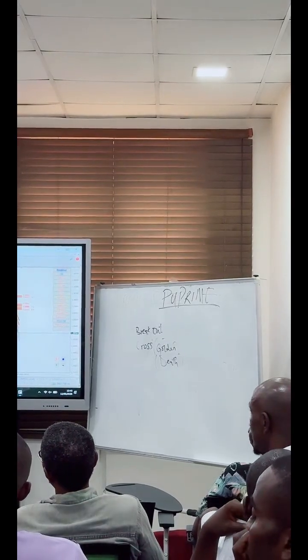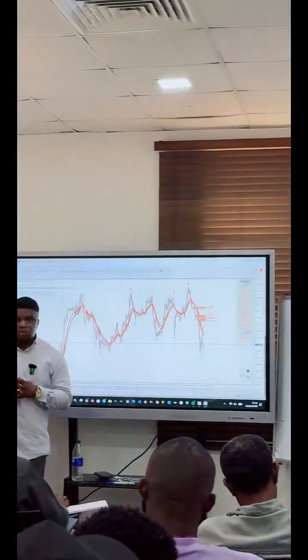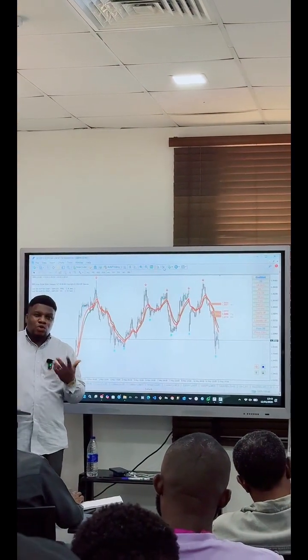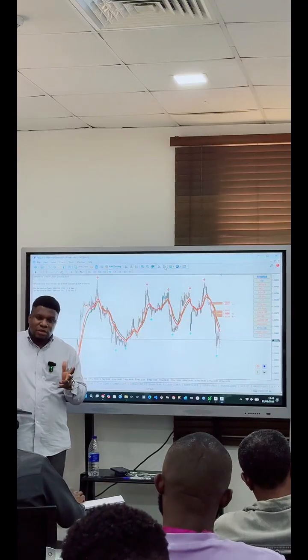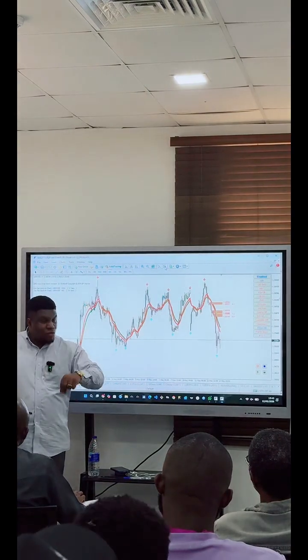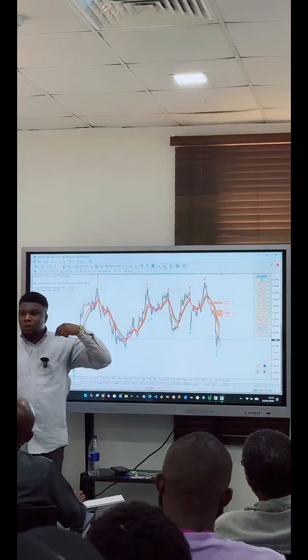How to use indicator actually? You see, I found out something about a year and about 9, 10 months ago, that indicators actually work. The problem is who is using the indicator.